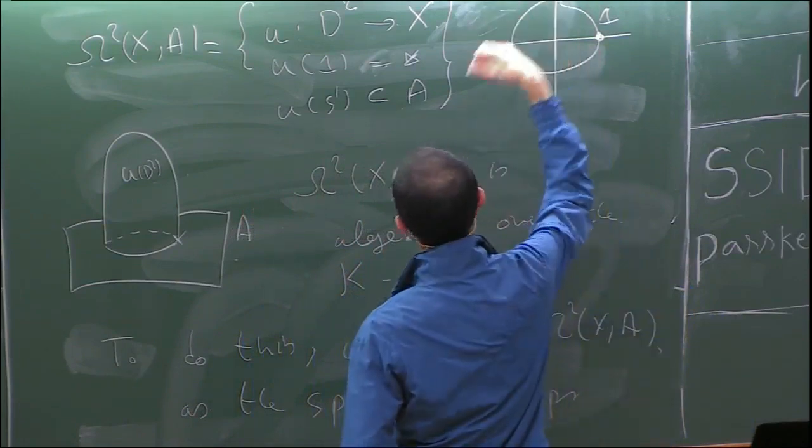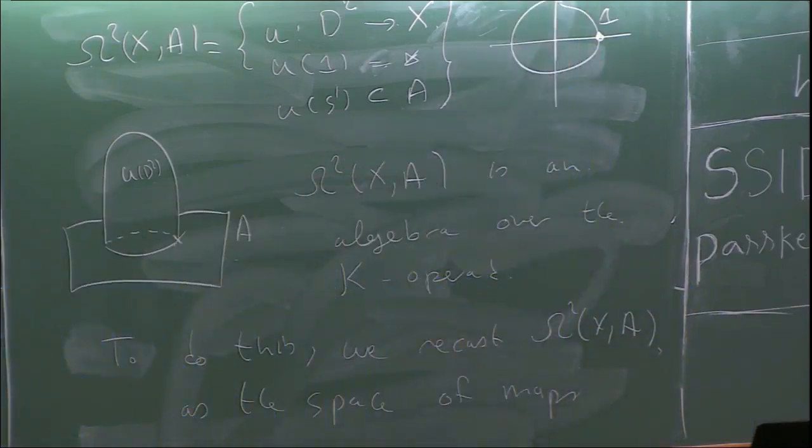So here it was a 2-disk, and now instead of a 2-disk, I want a square. Okay, it's the same thing, it's homeomorphic, nothing changed, but I want a square.